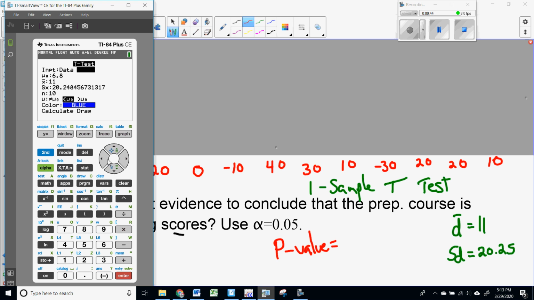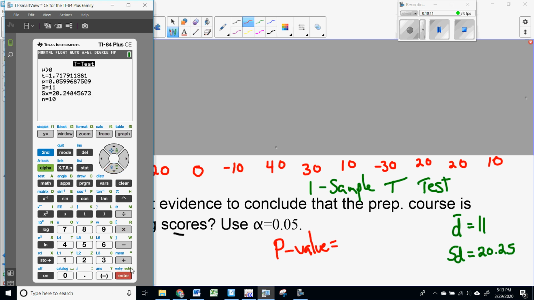You could do stats or you could use data. It doesn't matter. There is our 0, and we are saying that we are greater than 0. There is our mean. There's our standard deviation. It's always 0 for our mu sub 0 here, remember, for these matched pairs.